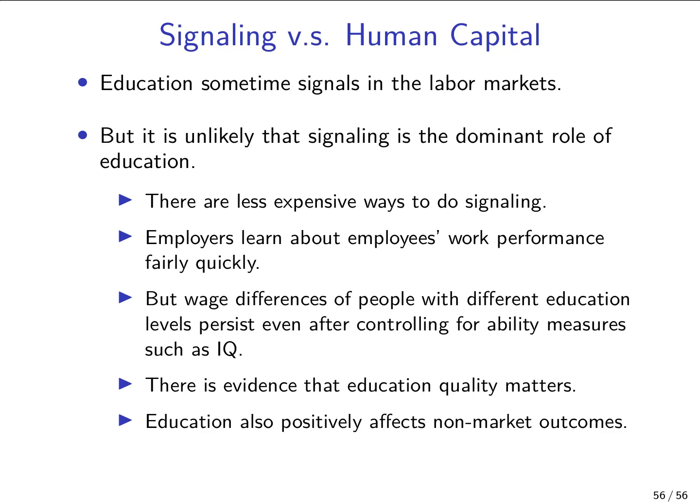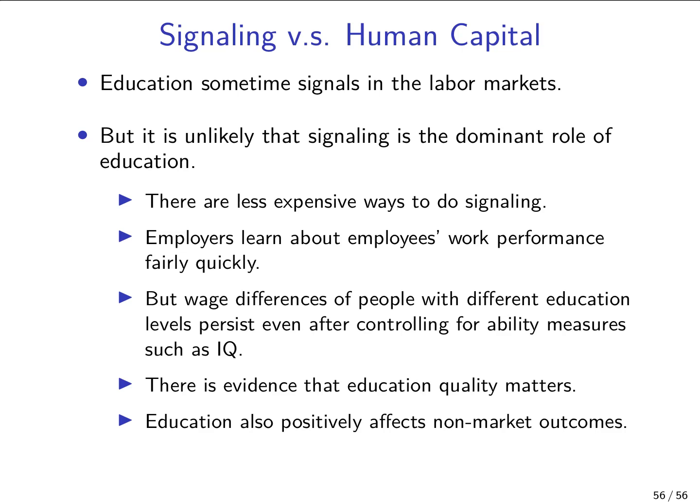So with that data, they got the IQ measure, and controlling for IQ, education may not have an impact. But what they found is that there's still a substantial wage and earnings difference between people with different levels of education, even after accounting for intelligence. That suggests that education is more than a signal of IQ.